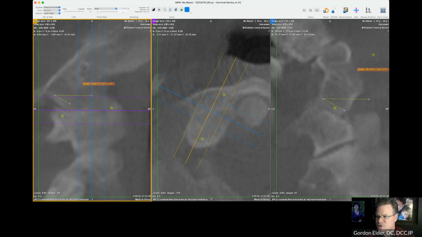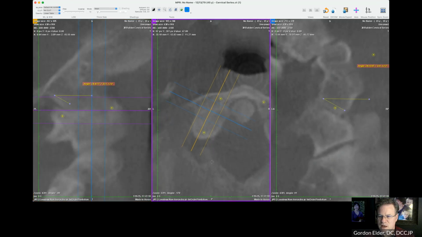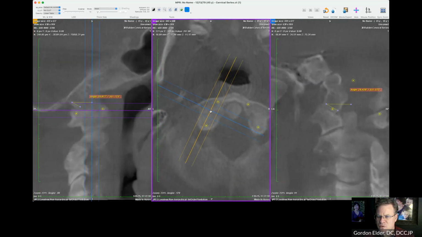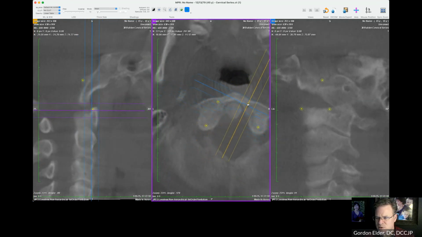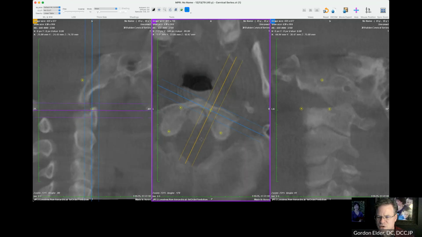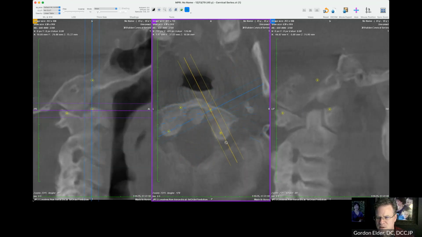Now, before I try to determine if things are lined up in this little mess right here, I'm going to go ahead and do the other side. How you decide you want to do it doesn't really matter. The idea is you just make sure that when you're actually taking the measurements, they mean something, that they're square to your reference angles. So since I did not move this one, and as soon as you start rotating things, if you rotate more than one thing, then all your measurements are going to be off.